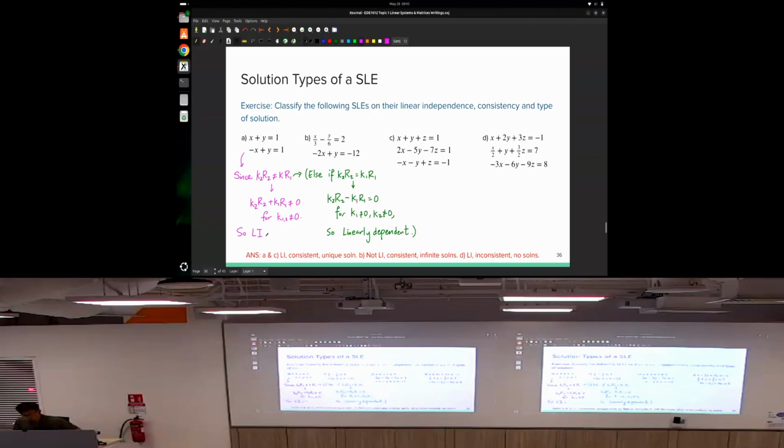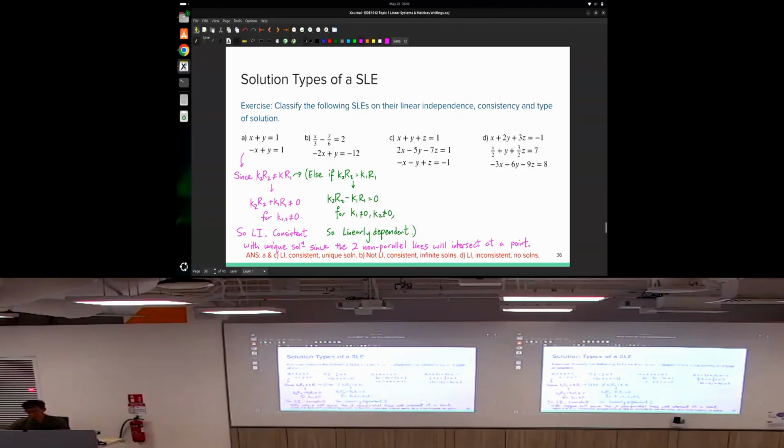Because they are linearly independent, it is consistent as well. Why is it consistent? Because two non-parallel lines will intersect. Unique solution, since two non-parallel lines intersect at a point. Is that alright? So that's for part A.